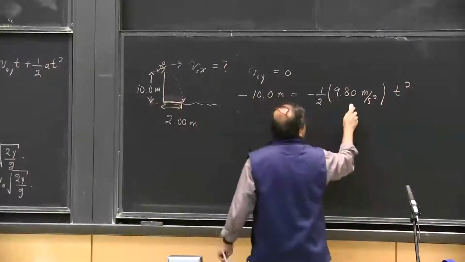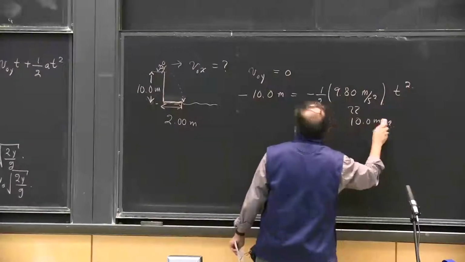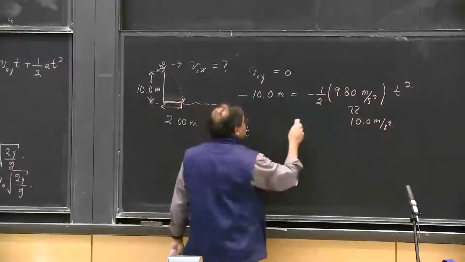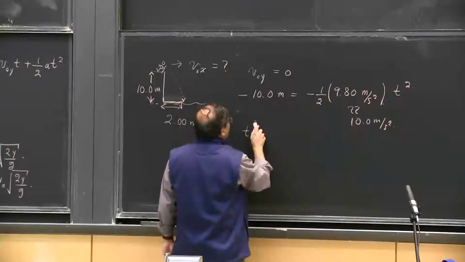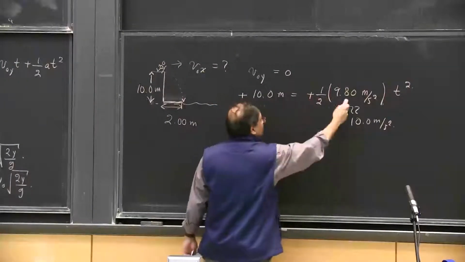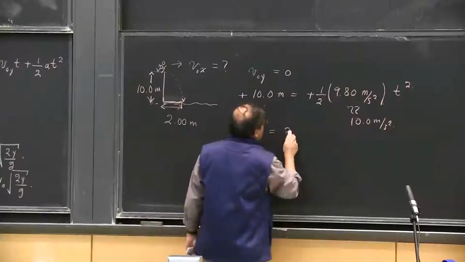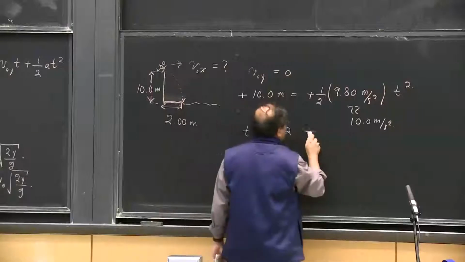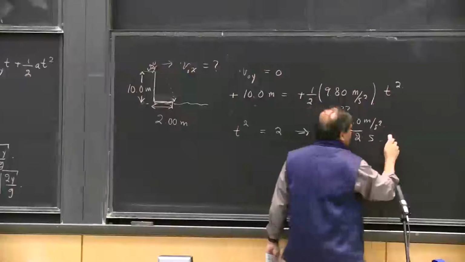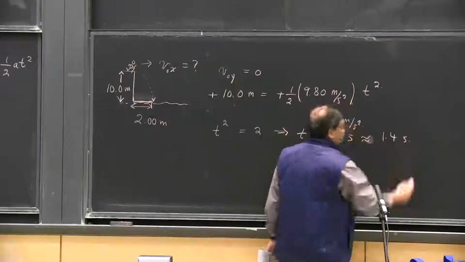So if I approximate this by, let's say, 10 meters per second squared, just to simplify my life without losing very much, then I can immediately see that t squared is going to be 2, right? Because I can put a plus here and a plus here. Then these two 10s cancel out. So I have half t squared equal to 1, so t squared is equal to 2, which means that t is square root of 2 seconds, which is roughly, as we already know, 1.4 seconds.